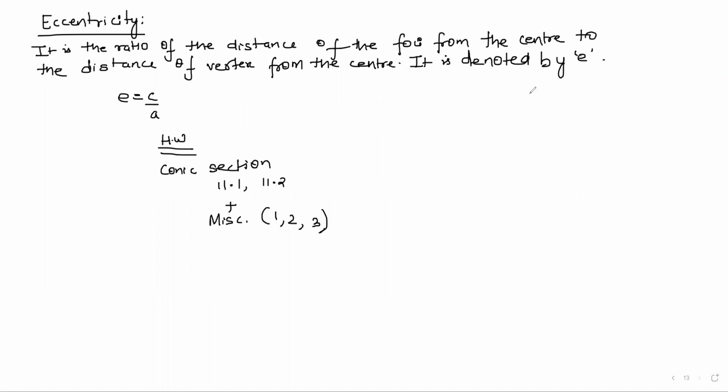Sir, I had a question. What are the ellipse and parabola used in, in our real lives? Yes, we do use them. For example, parabolic reflectors, you might have seen somewhere.